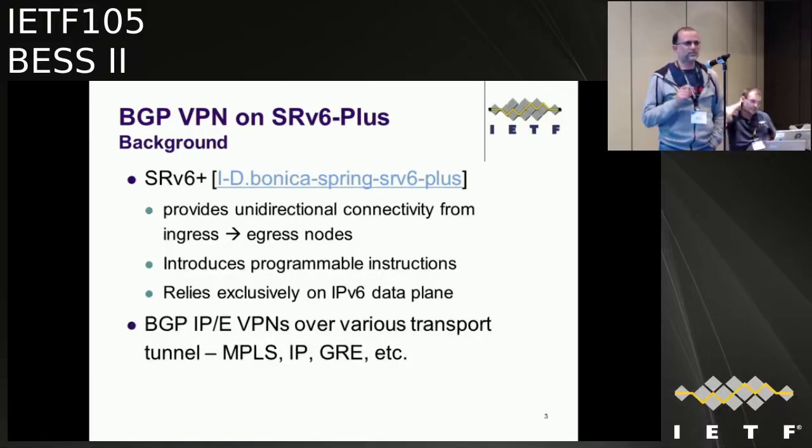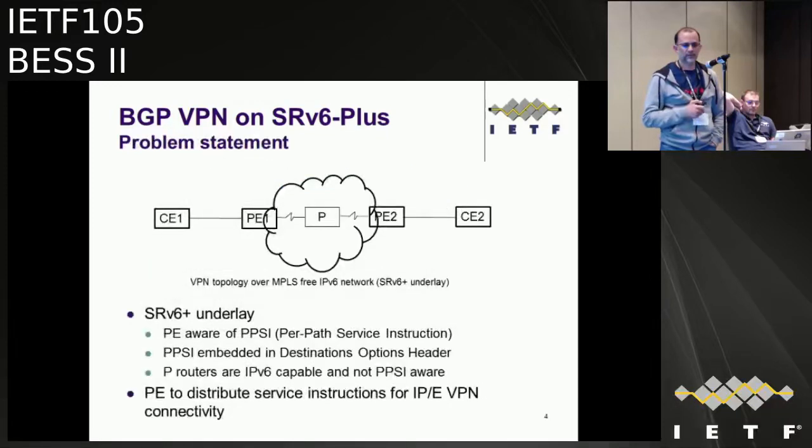We talk about BGP VPN services on multiple types of tunnels, could be MPLS, IP GRE, and things like that. So let's look at the simple VPN topology as shown in the diagram here. The SRv6+ underlay relies on the PPSI, the per path segment instruction.